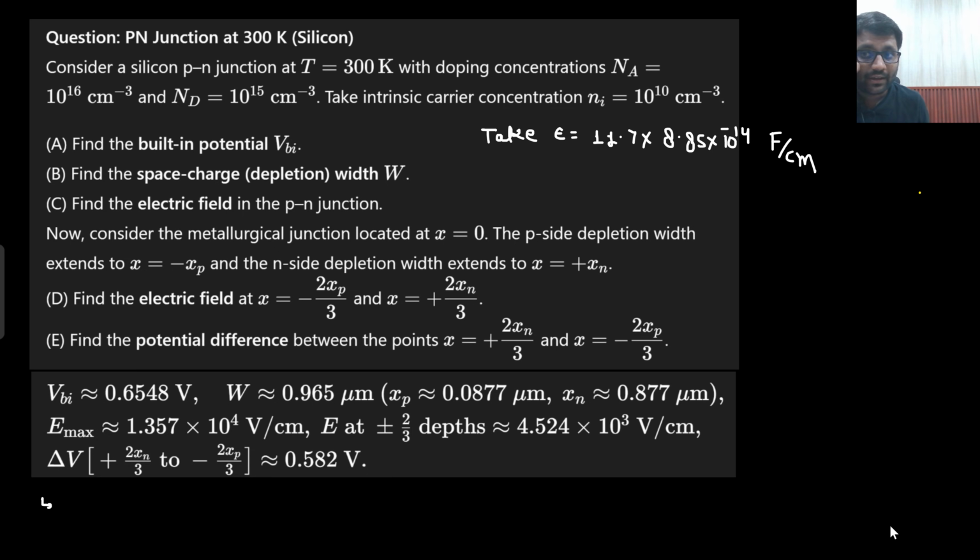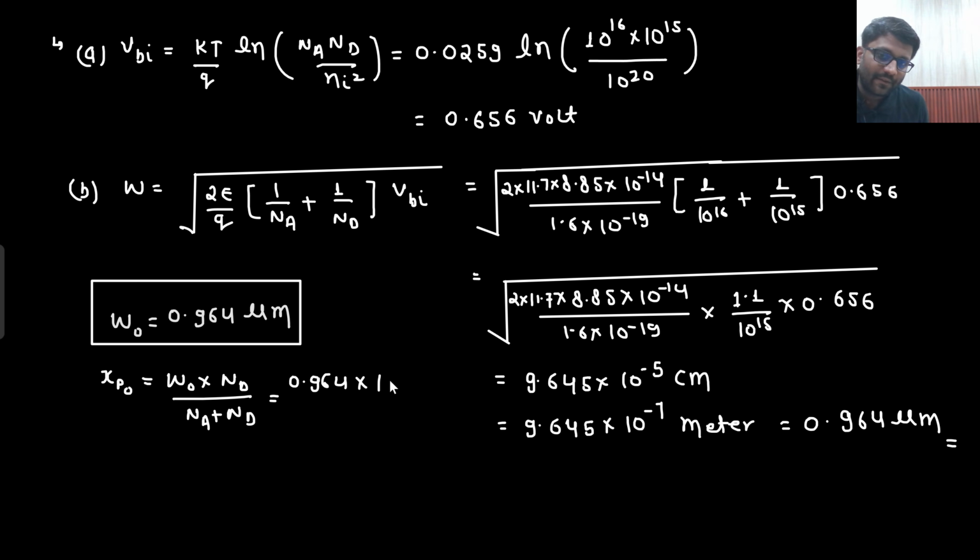What is the value of ND? 10 to the power 15, plus 10 to the power 50, 0.087, 0.0876 micrometer. So this will be your depletion width towards the P side.